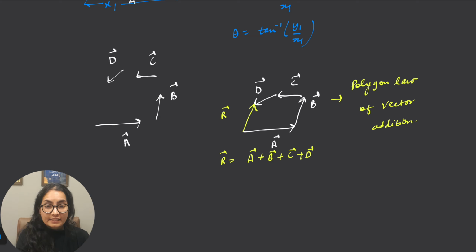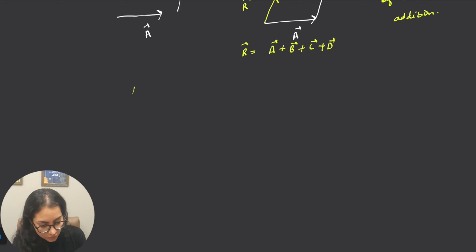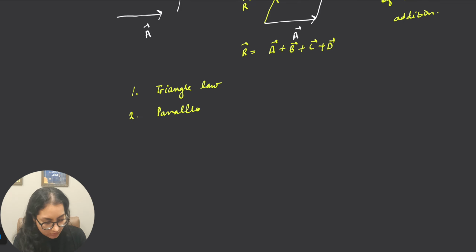Right, so we have added our vectors by three graphical methods. First one is triangle law, second is parallelogram law, and third is polygon law.